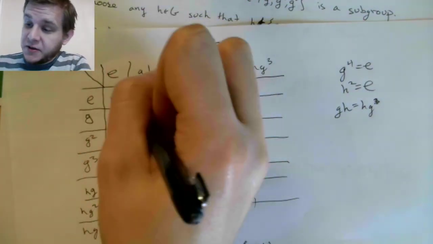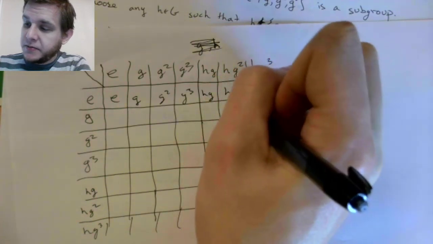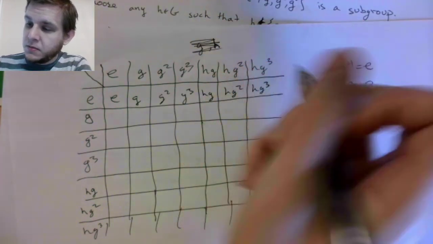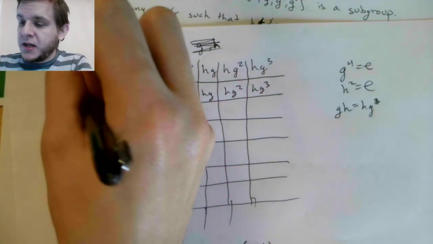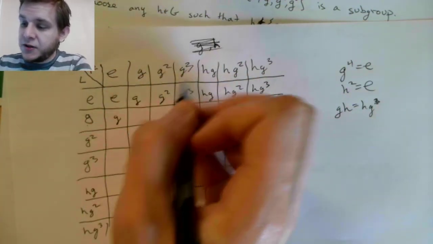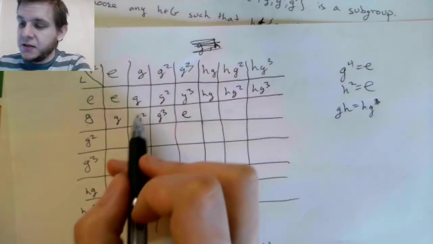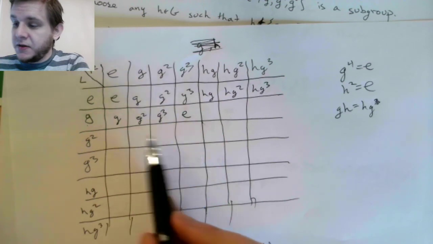So for instance, I can fill in this first row just because multiplication by the identity always gives me back the same thing. Now this will be my left hand and right hand multiplication, right? So g times this, well, this is a cyclic group, so I just increase the index by 1 and wrap around to the identity. So that's easy to figure out.